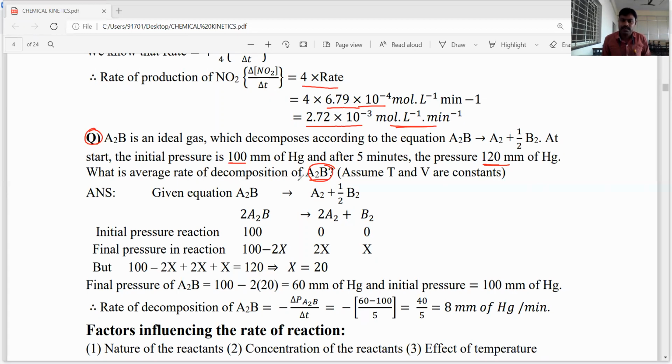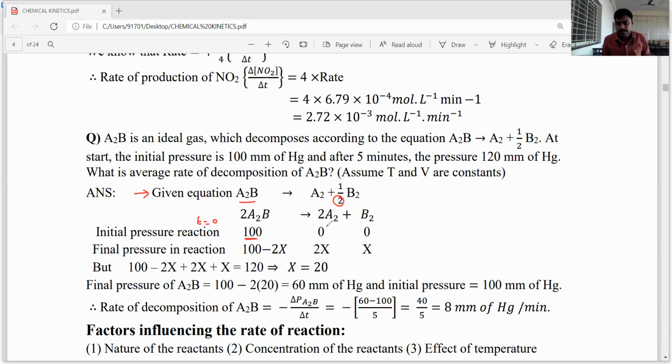Let's see, dear students. Here, first write the given equation. The given equation is A2B is converted into A2 plus half B2. Multiplying by 2, we get 2A2B is converted into 2A2 plus B2, and the initial pressure is equal to 100 mm of Hg at initial time t equals 0.